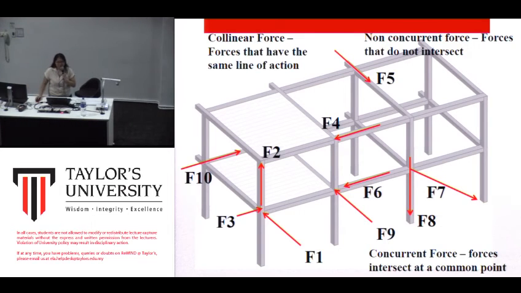It should be F6 and F3. Do you notice that they actually have the same line of action? They act exactly on the same line. F3 is coming in this direction, F6 is that direction. Alright, so next move on. Non-concurrent forces do not intersect. These 2 forces do not intersect at all. Non-concurrent force.